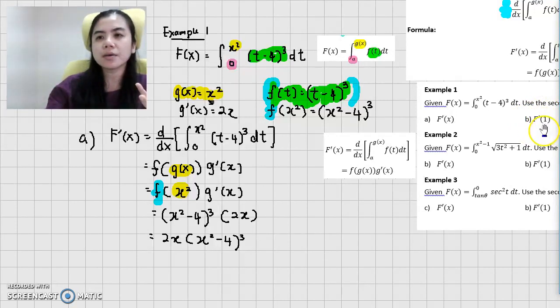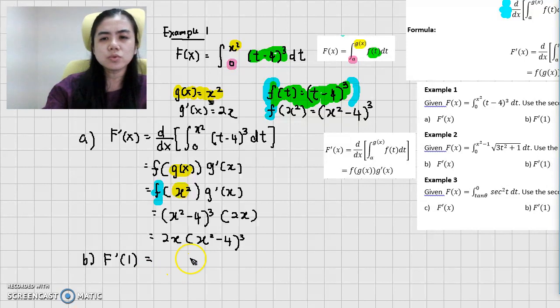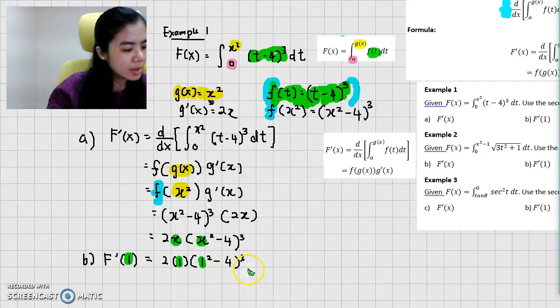That is, they ask you to substitute x as 1 into the equation in part A. So for B, we find F prime of 1. Just substitute x as 1 into the answer in part A, and we obtain 2 multiplied by (1 squared minus 4) to the power of 3.